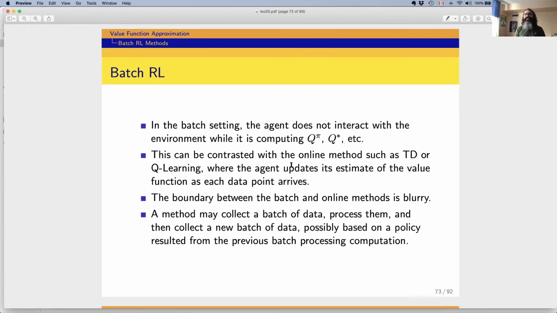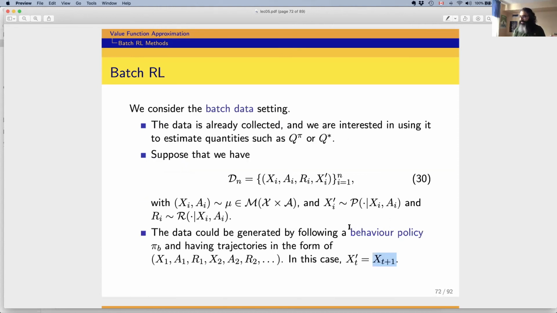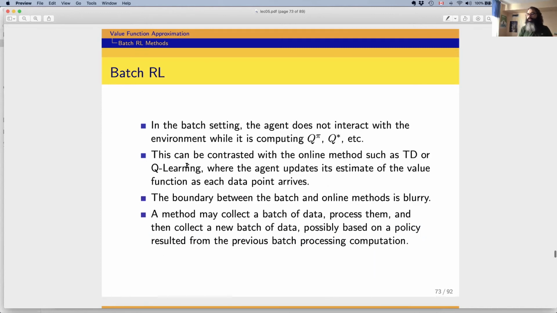Off-policy, in many cases it becomes off-policy because the policy that collects data, pi b, might be different from the policy that we want to evaluate. But sometimes maybe we just want to evaluate pi b, and in that case it would be online. Yeah, so I think people also use offline methods to refer to batch methods.